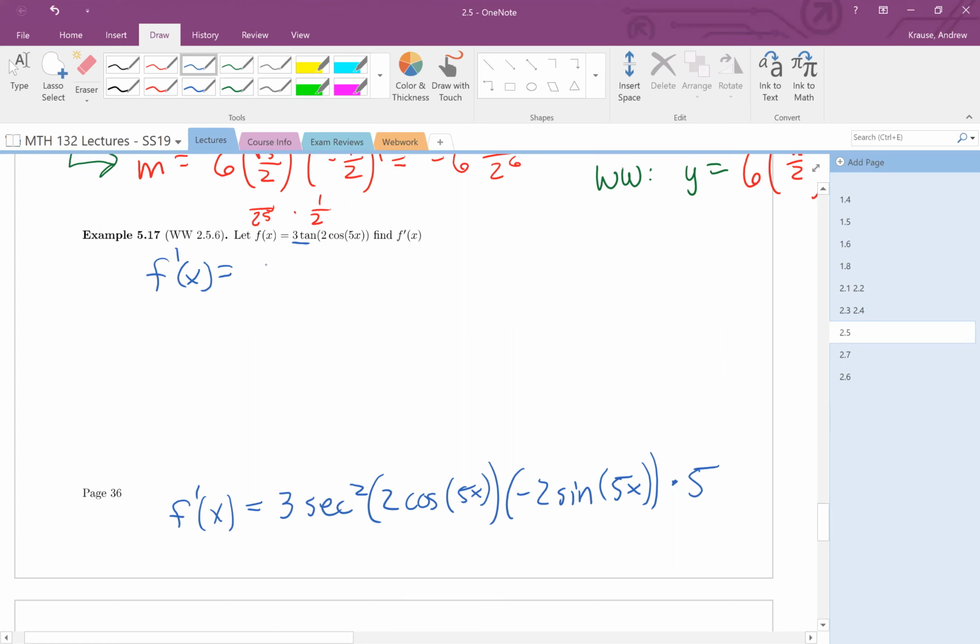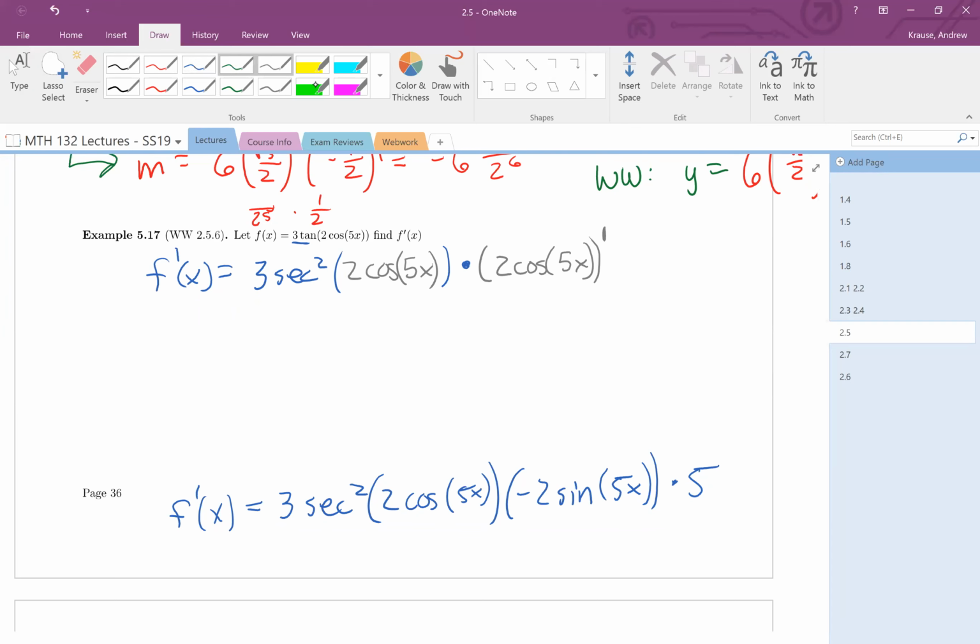So I'm going to do 3 secant squared of the inside function, 2 cosine of 5x, which is remaining unchanged, and then I'm multiplying that by the derivative of that inside function.